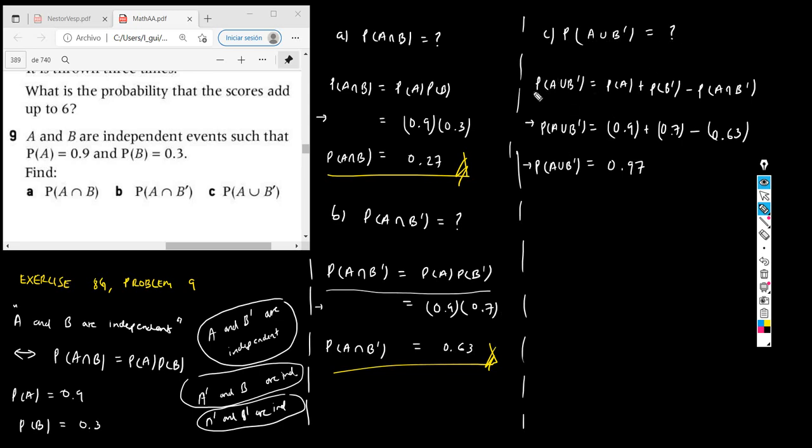Once again, by now you should have memorized this, right? The formula for the union. And then I just substitute, guys. It's a substitution, and I encountered this solution. Pretty simple problem. So that's it.